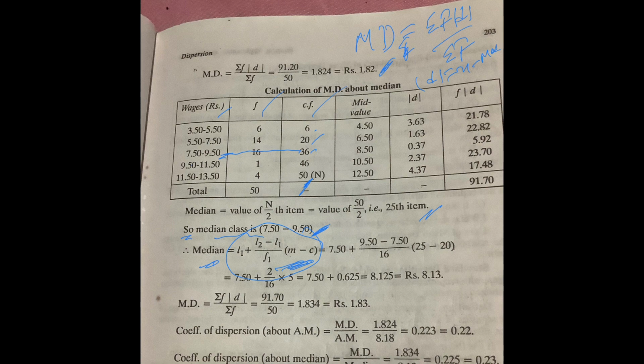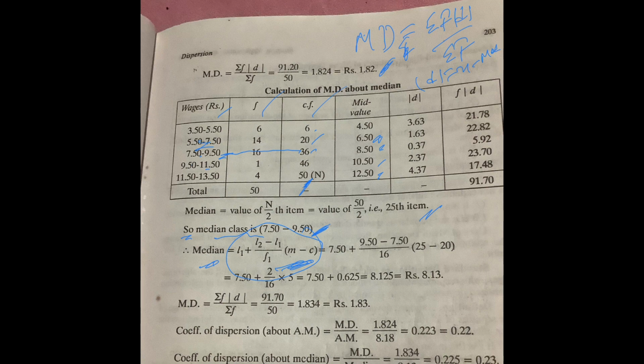These class boundaries you have to convert into mid value. When you find the mid value, the first will be 4.50, the second will be this mid value, third will be this, fourth will be this, and fifth will be this mid value. Now you found the mid value.